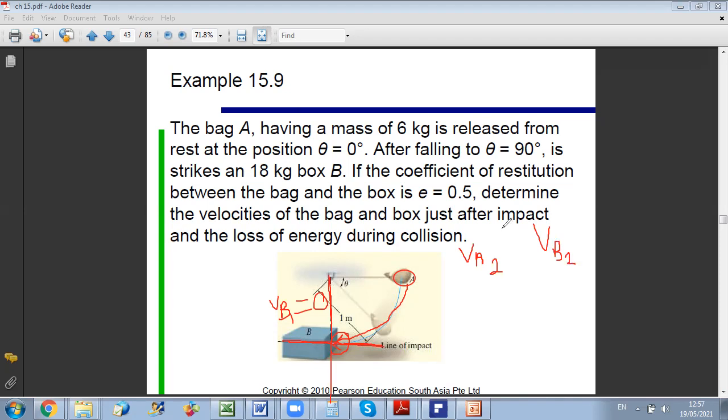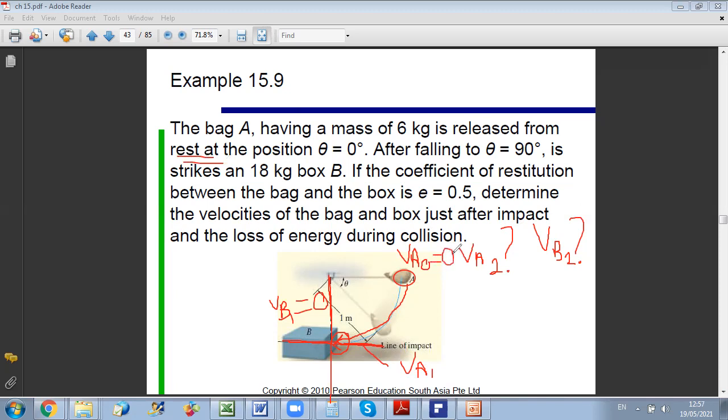But to find these unknowns, we first need to find VA at state 1, meaning the velocity just before the impact. And this state we will call state 0, VA 0. Because my system initially starts from rest, VA 0 is equal to 0.